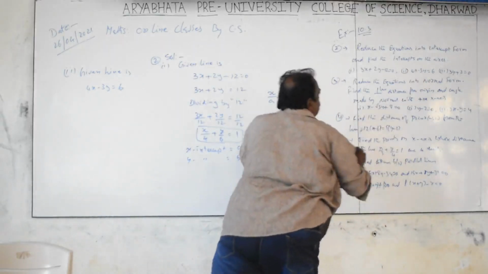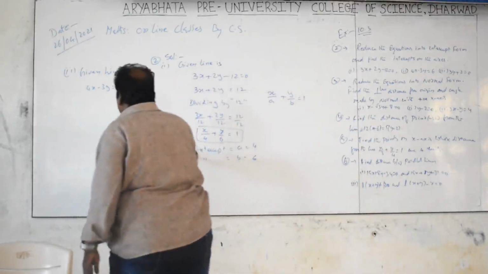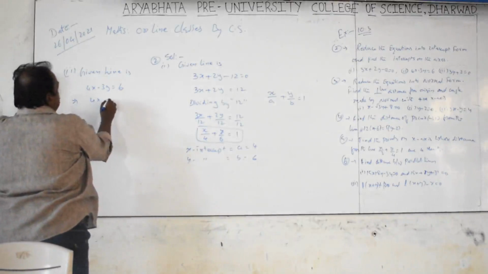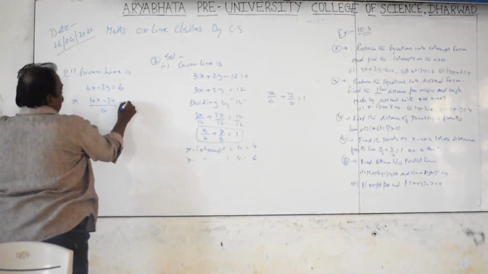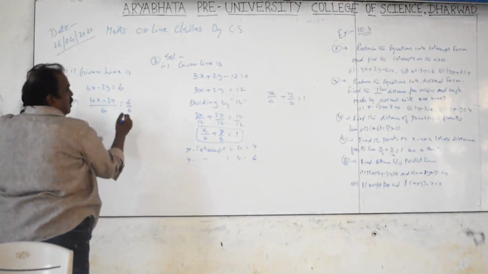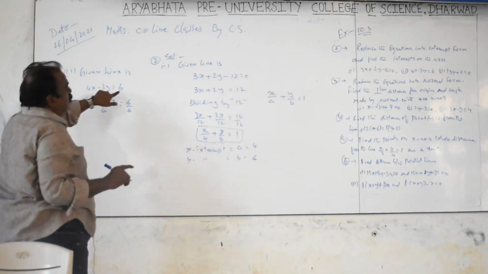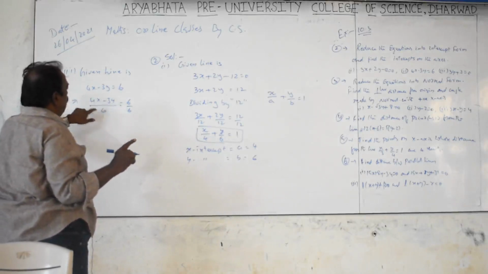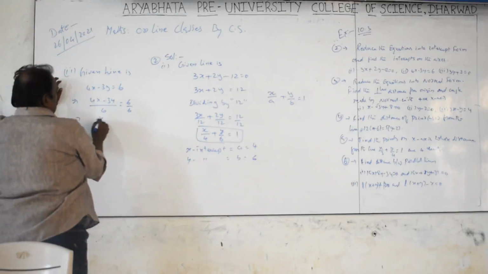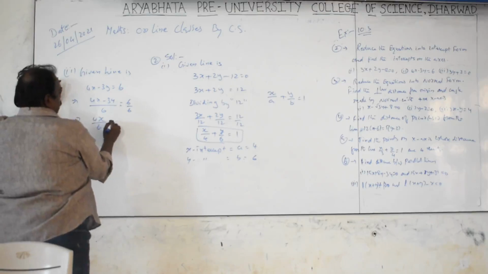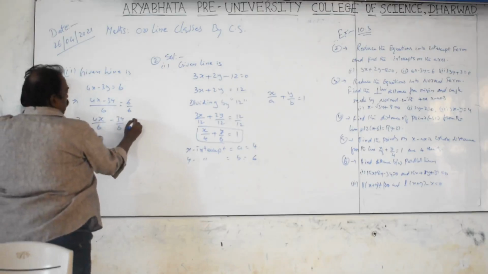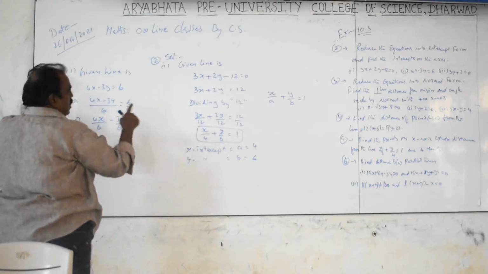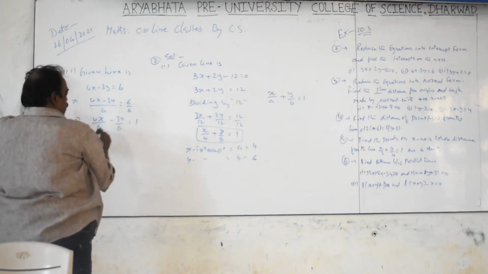Here also we divide by 6. Why? Because in order to get 1 in RHS, we divide with 6 only. It is 4x by 6 minus 3y by 6 is equal to 1. Same method: in order to get 1 in RHS, we divide with the same constant.